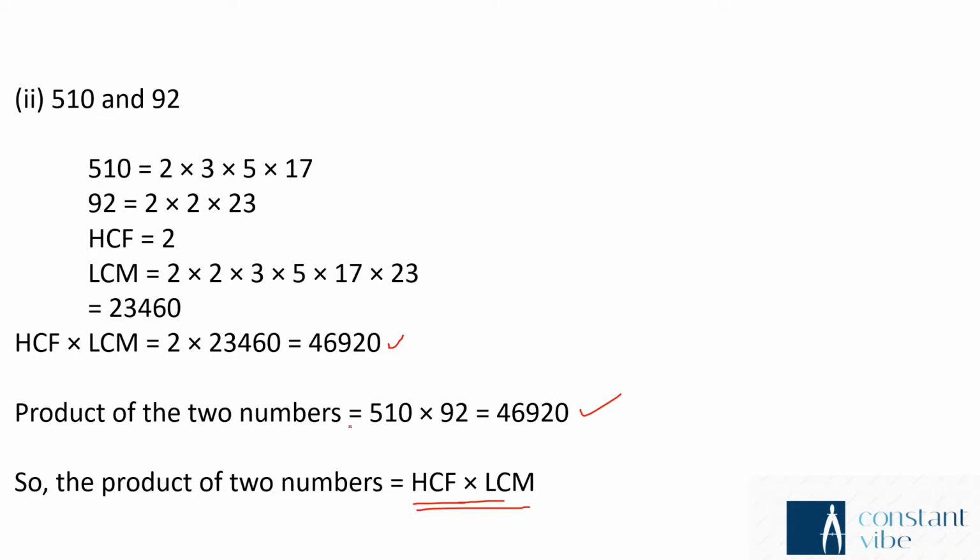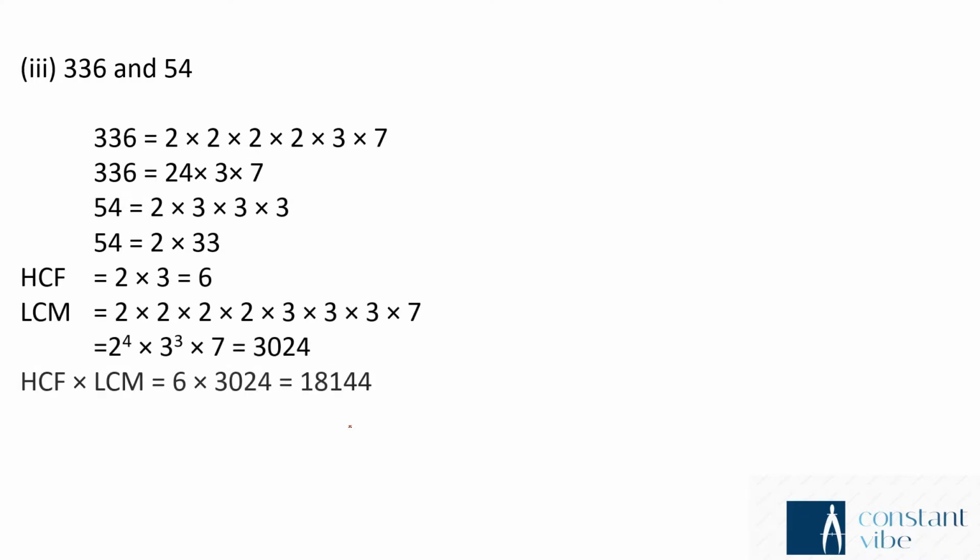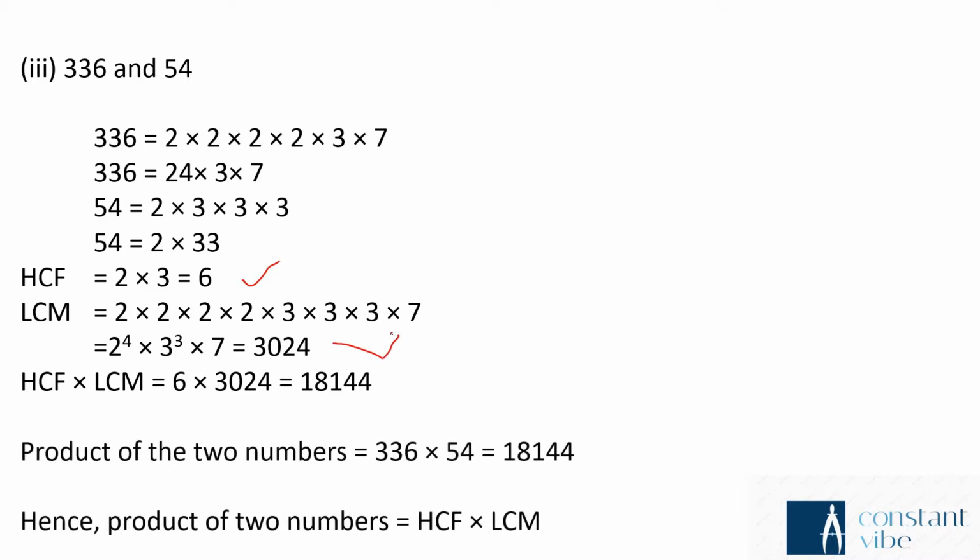So that is clarified here. And the third question, the same procedure. You can see here the HCF and LCM, and the product of these two numbers is equal to this one, so both will be equal.